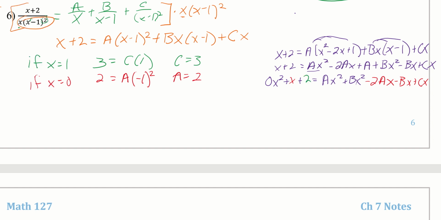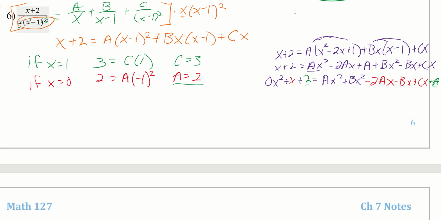So the only constant I have here is a. Cool. So now what you want is you want all the purple guys to match each other, all the red ones to match, all the green ones to match. And if you notice here, the only green is a, and look, it equals 2. Ta-da, we already found that.